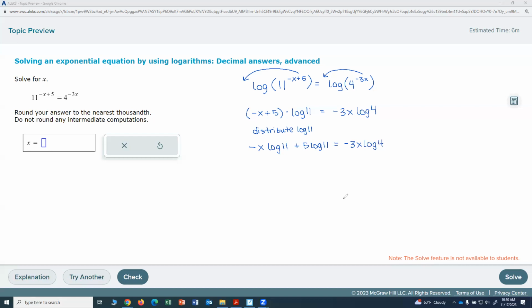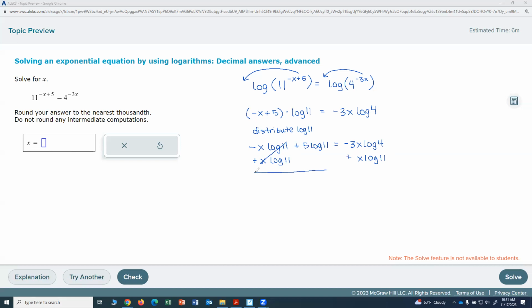All right, so now I want to have all of my variable terms on the same side of the equation. So I'm going to go ahead and add x log 11 to both sides. So over here, negative x log 11 plus x log 11, those will cancel each other out.